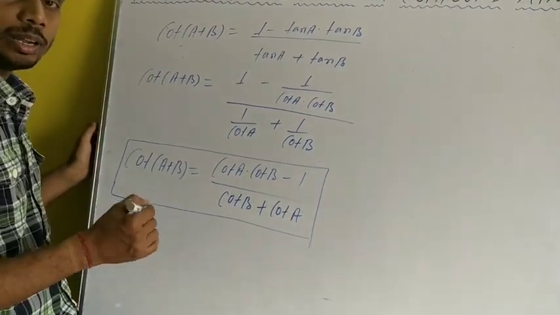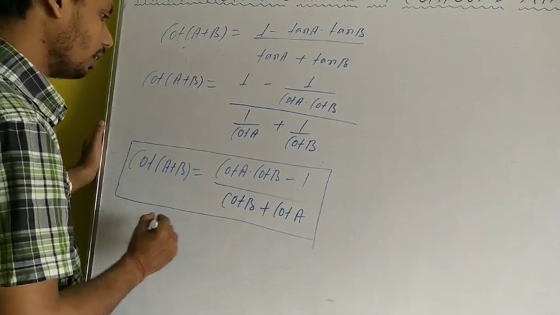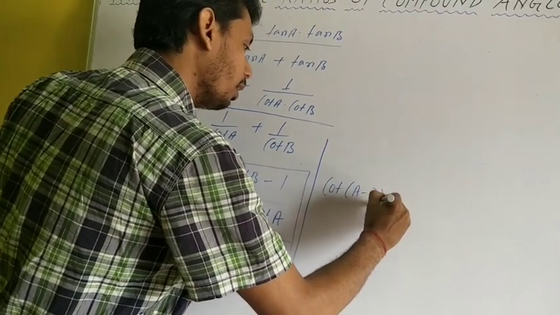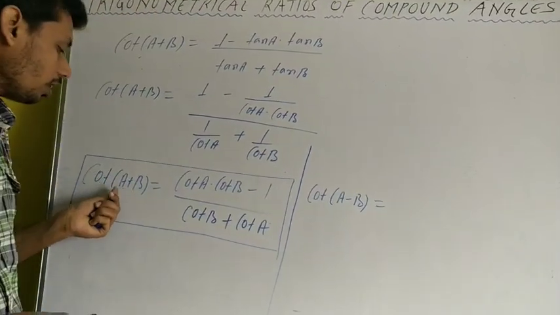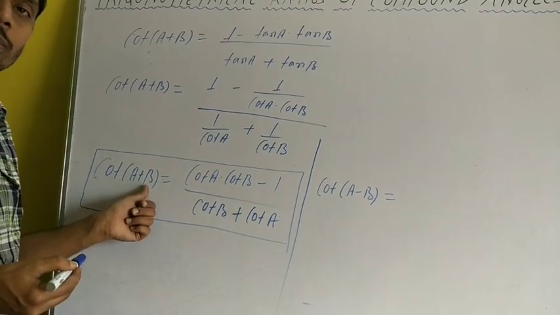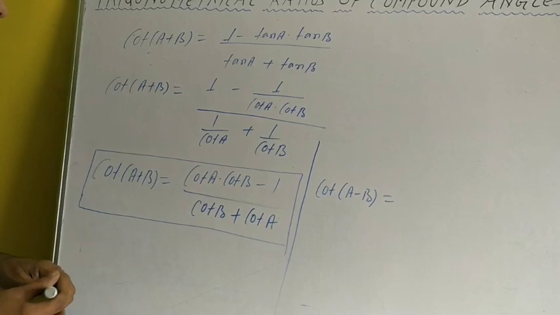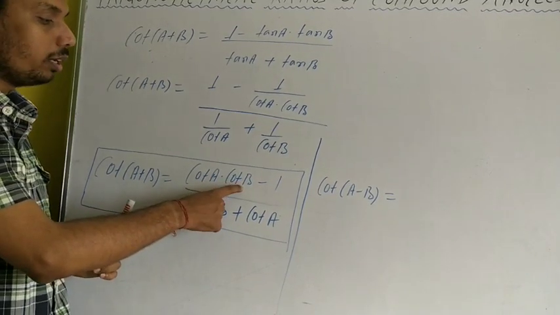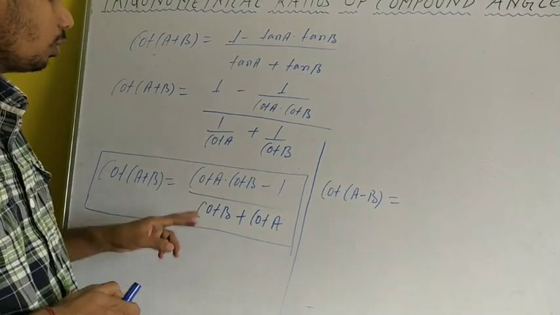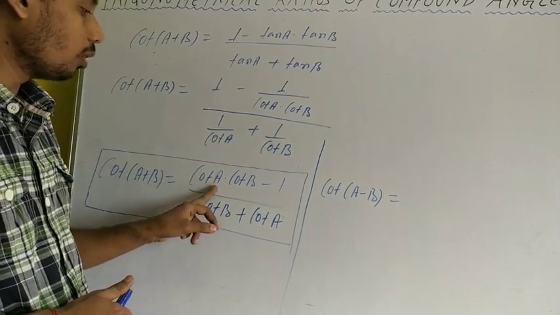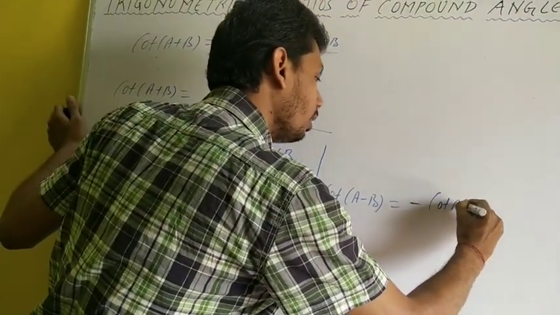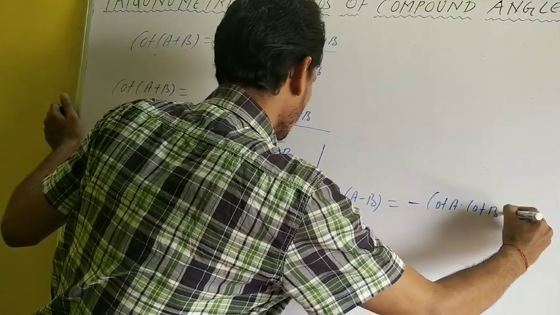In a similar manner we can determine the formula of cot(a minus b). As we know, cot(a minus b) can be obtained by replacing plus b by minus b. So if we replace plus b by minus b, the numerator becomes minus cot a into cot b minus 1.